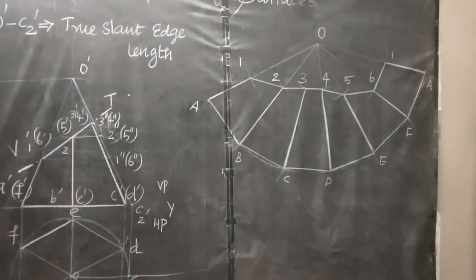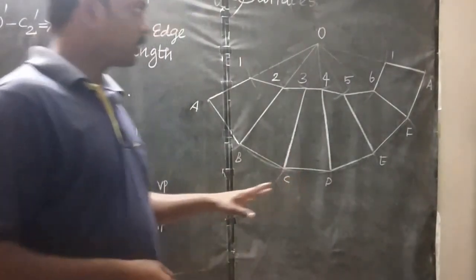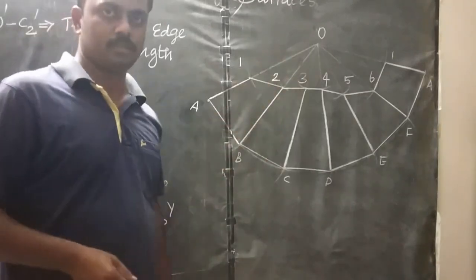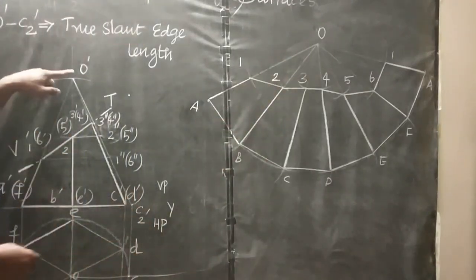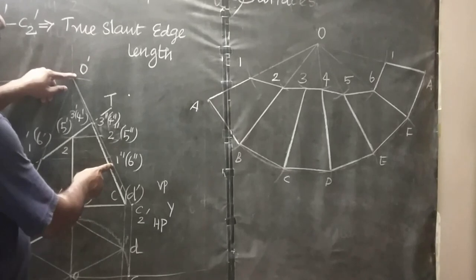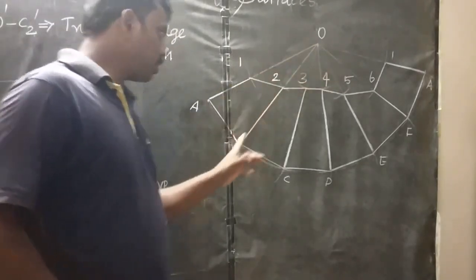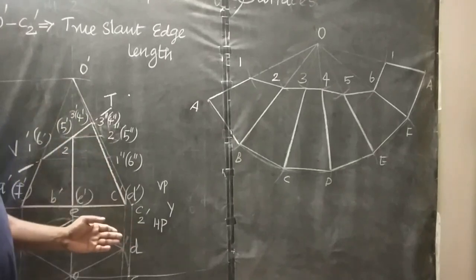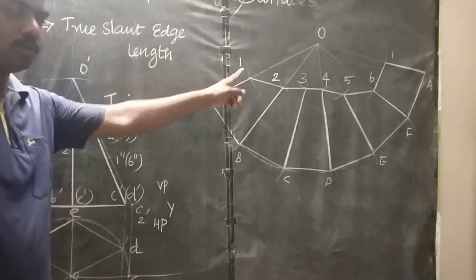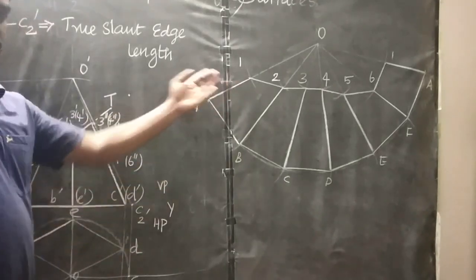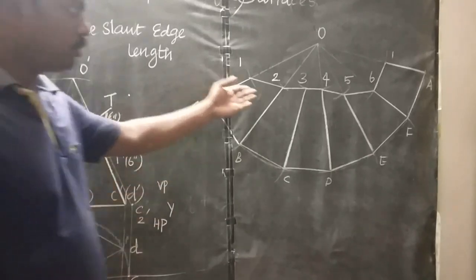See here in this problem, point O is center. Measure the distance of O dash to 1 double dash as radius. O is center, then draw one arc on the OA slant edge because point number 1 is located on the OA slant edge. Like that, do this one.